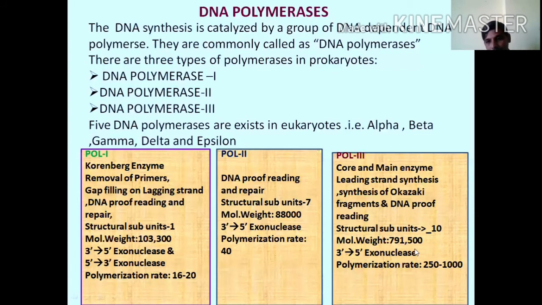The molecular weight is 791,500 Daltons. It shows 3 to 5 exonuclease activity, and the polymerization rate is nearly 250 to 1000. When compared to polymerase 1 and 2, the polymerization rate is high in DNA polymerase 3. That's why within a couple of hours in prokaryotes, the DNA replication process is completed. Per second, 250 new nucleotides are added to the synthesized strand.